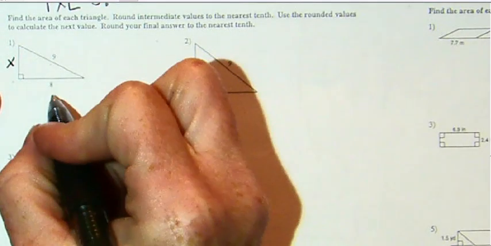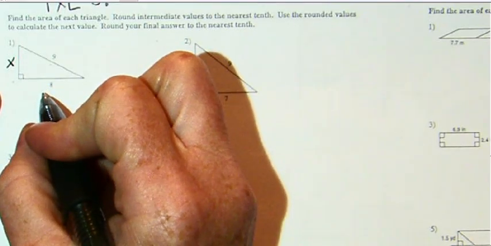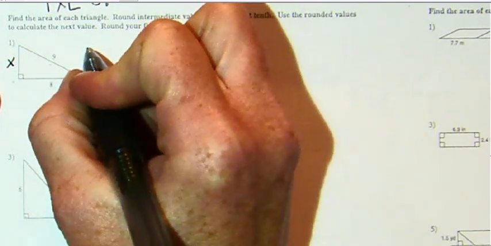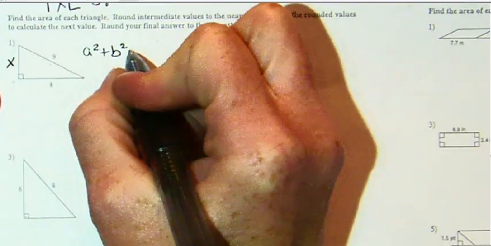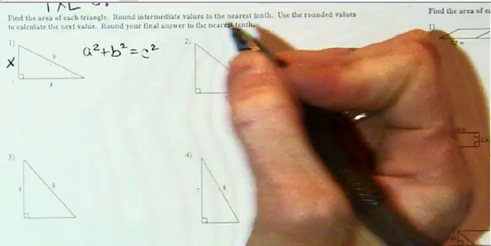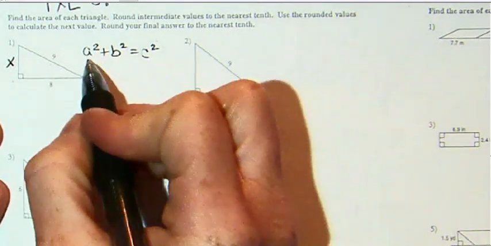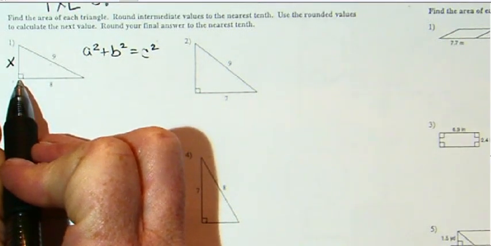So remember that we can find any missing side of a right triangle by using Pythagorean theorem. So I've got a squared plus b squared equals c squared. And if you recall from our previous lesson, both of our legs are attached to our right angle.